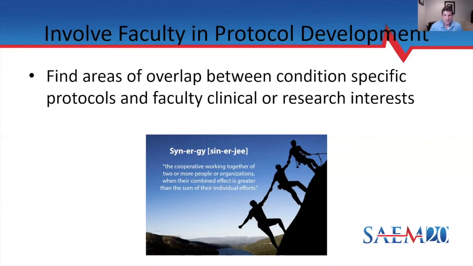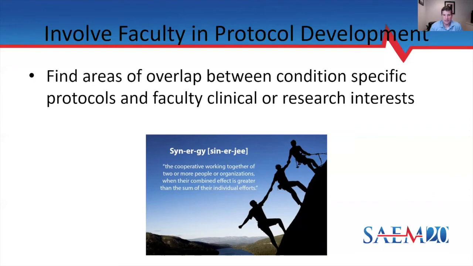And then you also look for opportunities to create new protocols, protocols that you don't have currently that you might have heard other institutions using, or perhaps a new paper has come out with new evidence that a risk score for a particular condition is well validated, and now we can identify with evidence-based tools which patients will do well in the observation setting. And so you'll need to be working on protocols all the time.